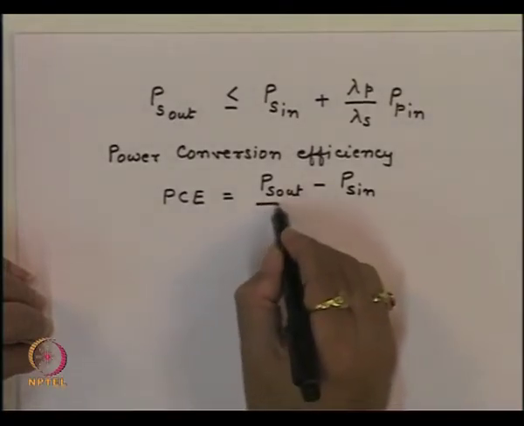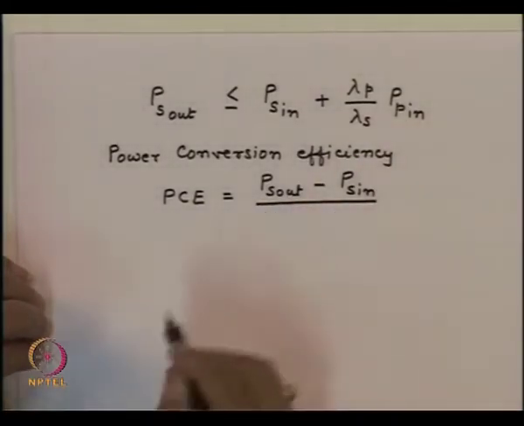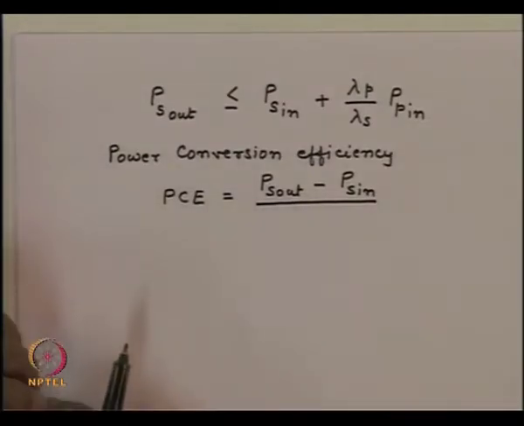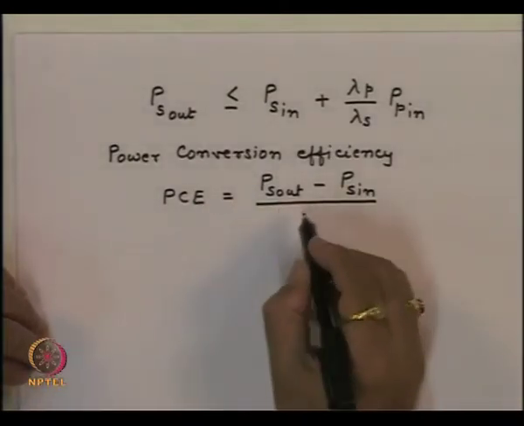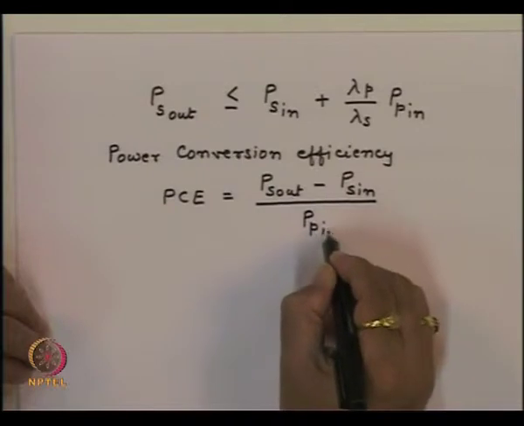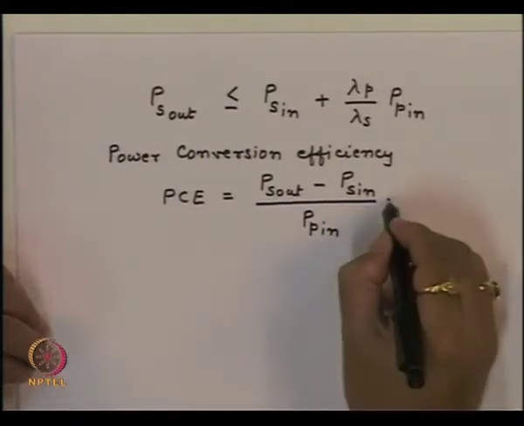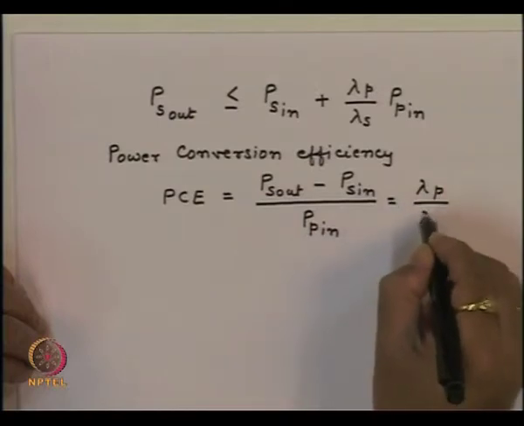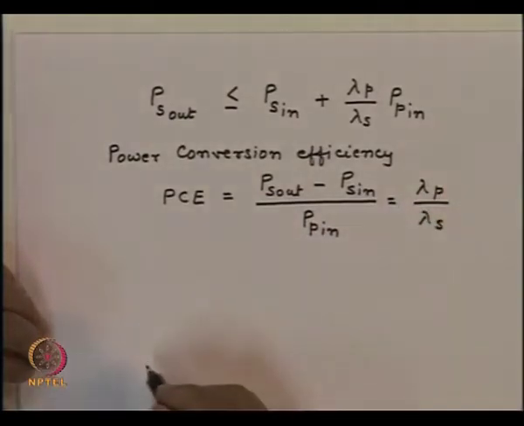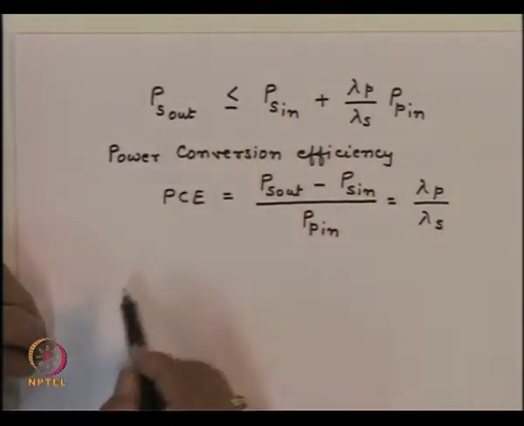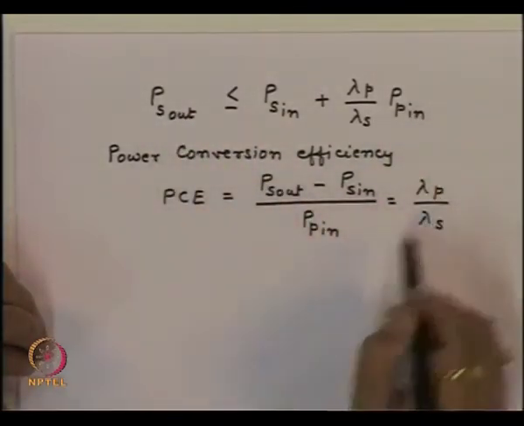That is the power which essentially should have been supplied by the pump power. But every pump photon is not converted into a signal photon, so that is the efficiency we are talking about. So this is divided by the pump input, and this quantity will be less than or equal to lambda p upon lambda s. So P S out minus P S in divided by P in is this quantity.